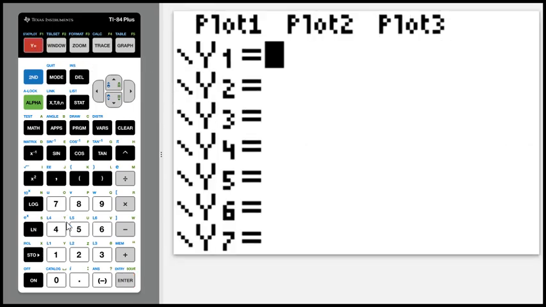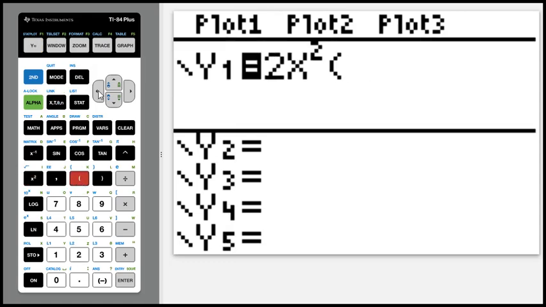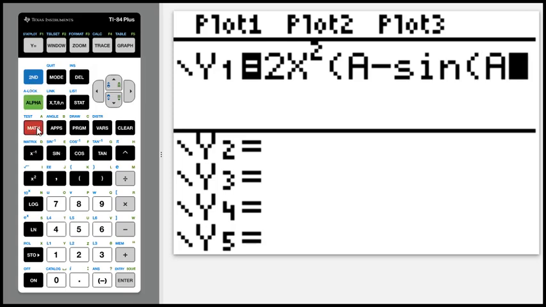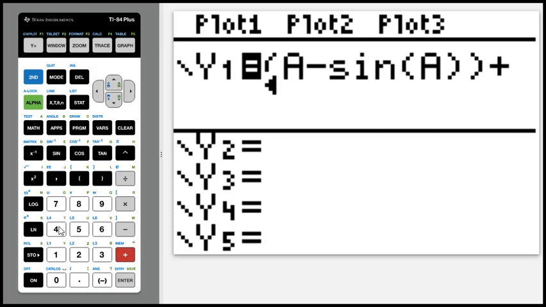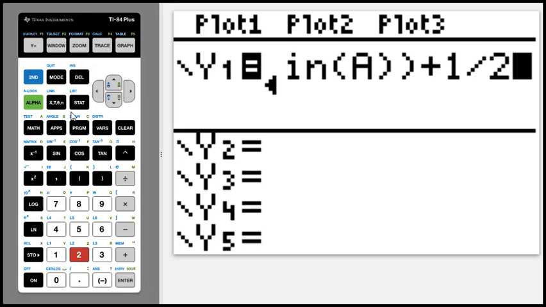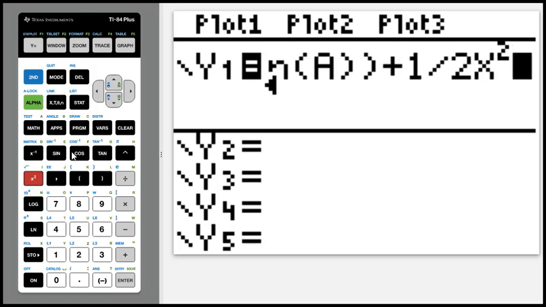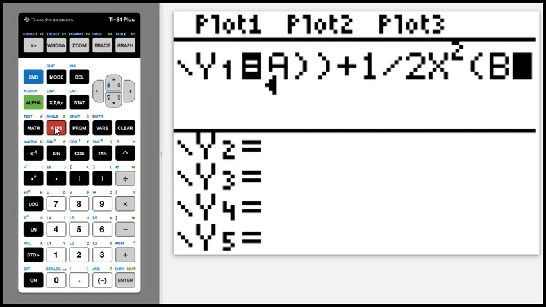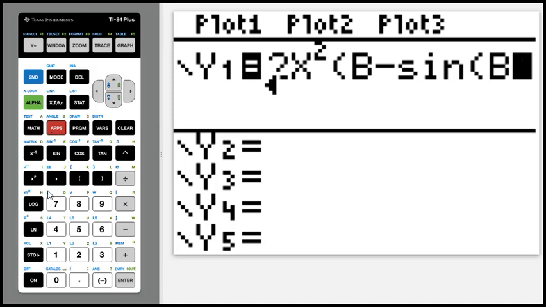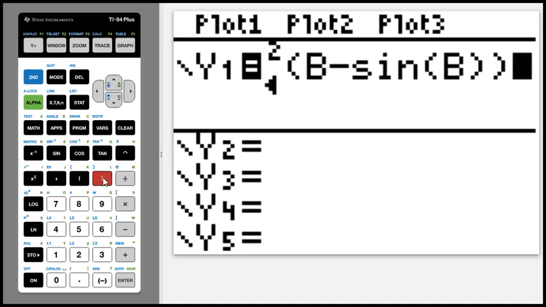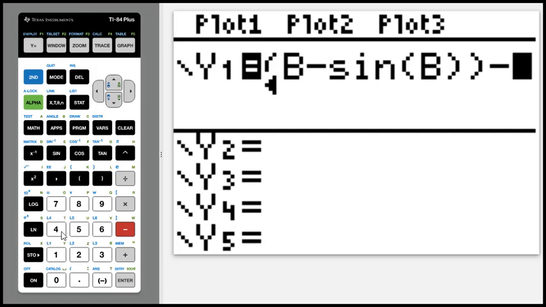So we go to y equals 2x squared, parentheses, alpha, which will be A, minus sine A, then parentheses back, plus 1 divided by 2 x squared, then parentheses, letter B minus sine letter B, because B is a theta, then parentheses back, then minus 4.